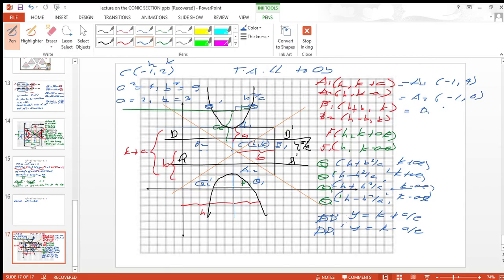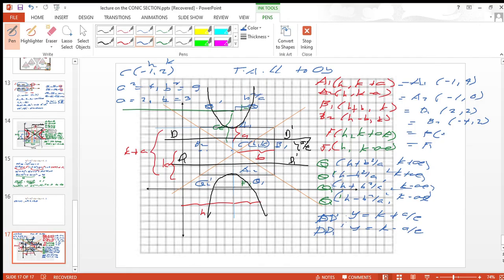B1, H plus B, minus 1 plus 3, 2, and our K is 2. Then B2, H minus B. H is minus 1, minus 3, minus 4. And then 2.